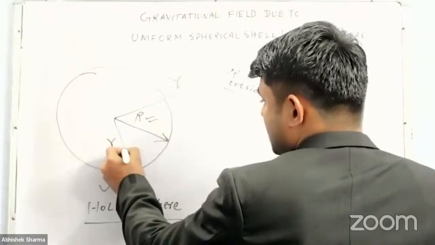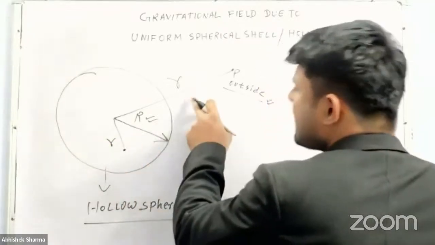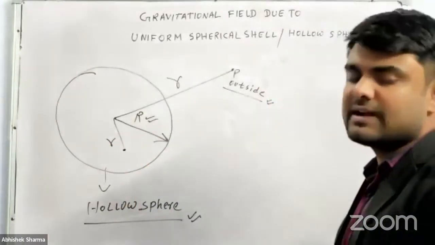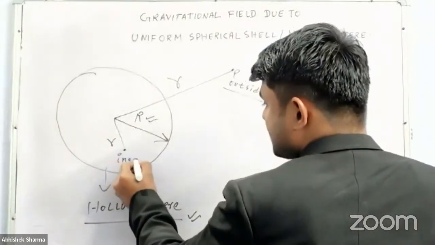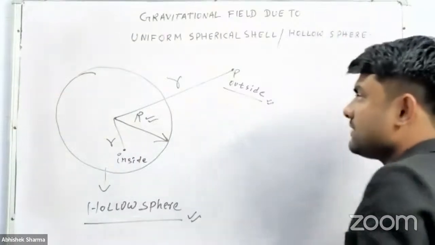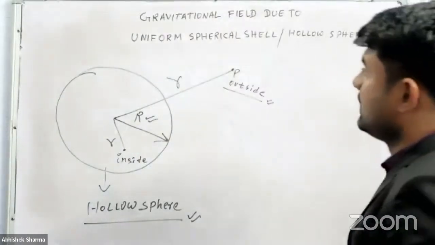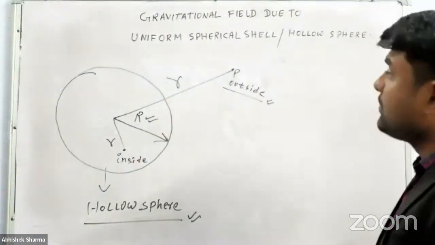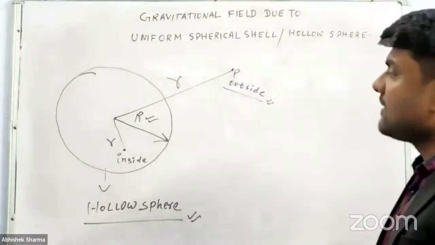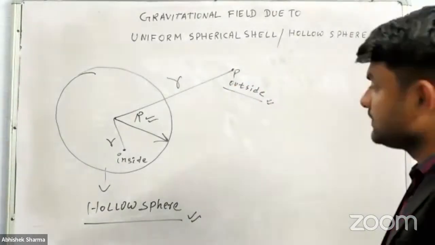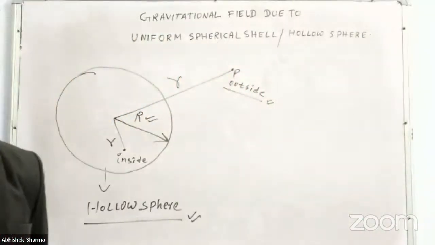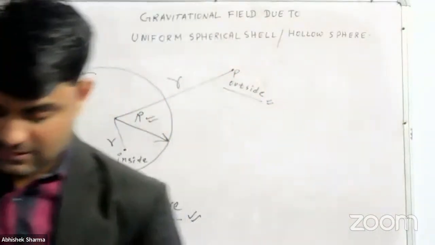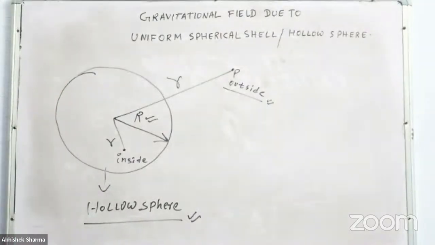Here r is a variable, so we can write the same symbol. So it can be asked for the outside and also for the inside. You need to find it out. Please try it out in the Zoom session, students.